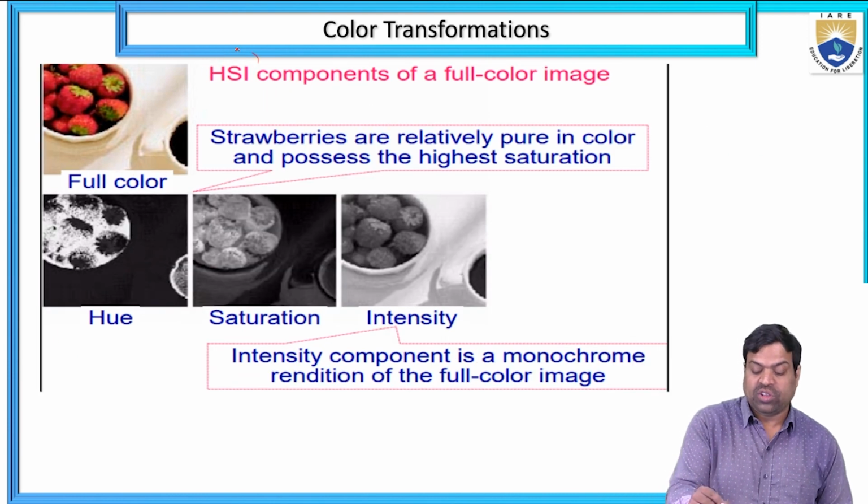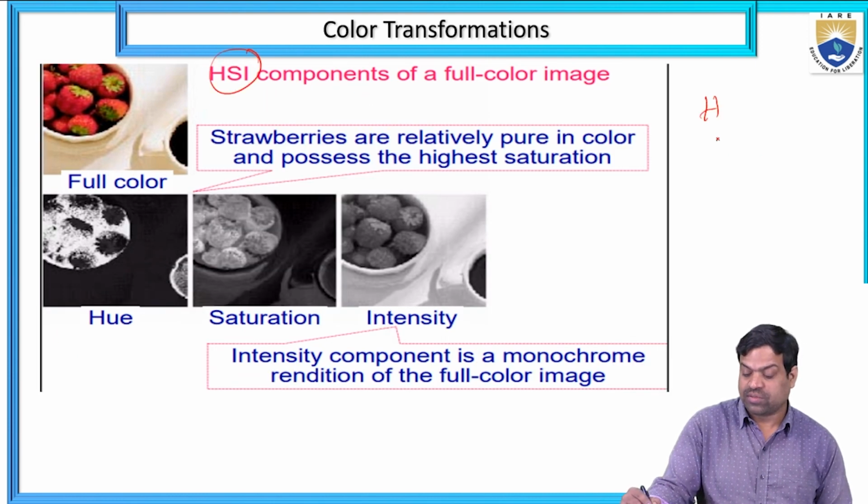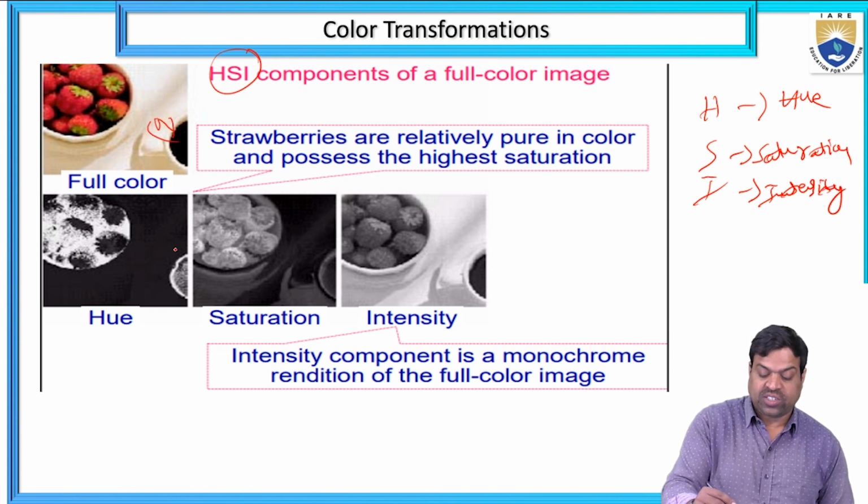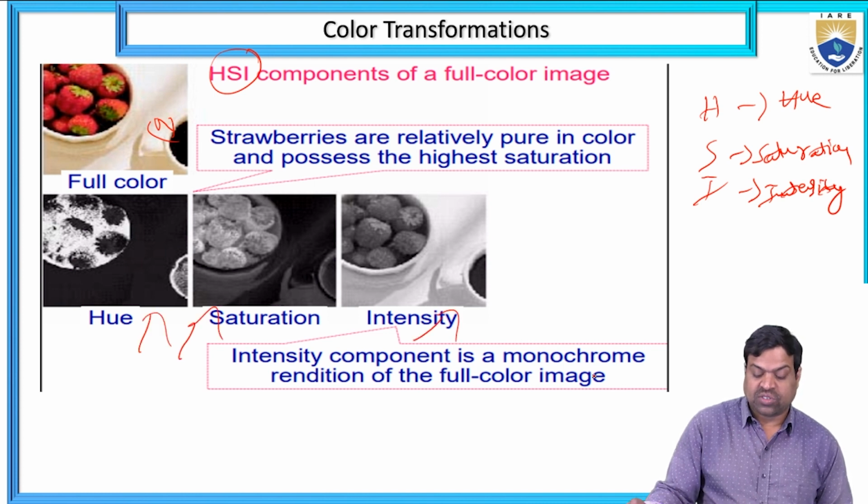So when I am going to the HSI, hue, saturation and intensity, it is the original color image, that is HSI, hue, saturation and intensity. So HSI color, when it is color, it is nothing but n equal to 3.